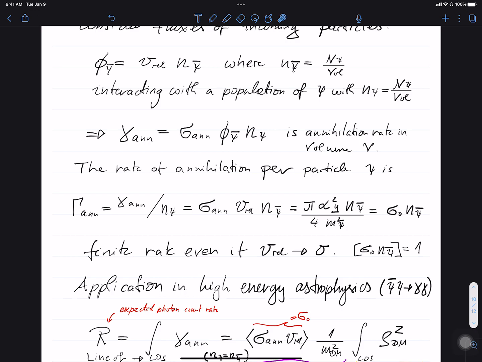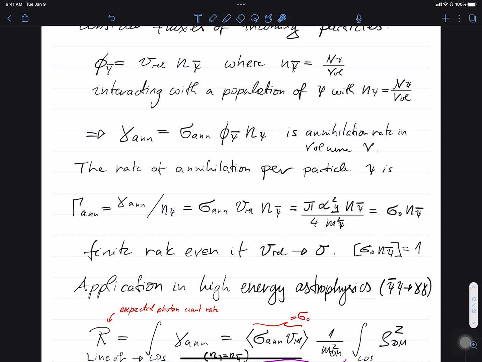We also see that its mass dimension is 1, as it should be, because this is a rate. The rate is an annihilation per time, so it's inverse length, so it has to have mass dimension 1. Remember again, the cross section is an area, so it's 1 over length squared, so it has to have mass dimension minus 2.